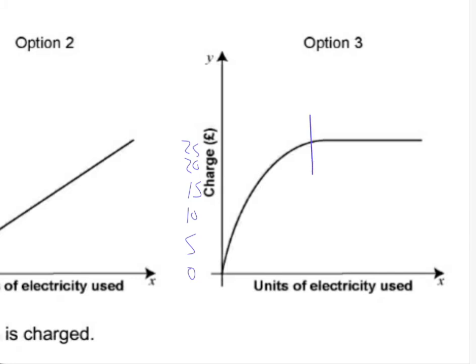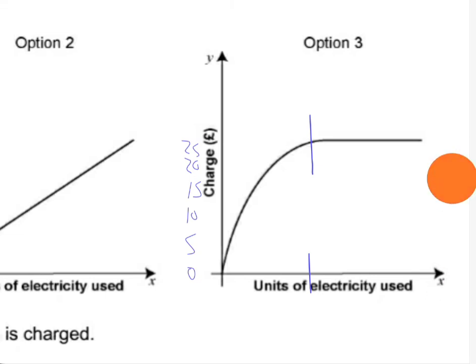For example, until it reaches 25 pounds, or you can say it reaches that amount of electrical use or electrical units, and then after that it will stay the same.